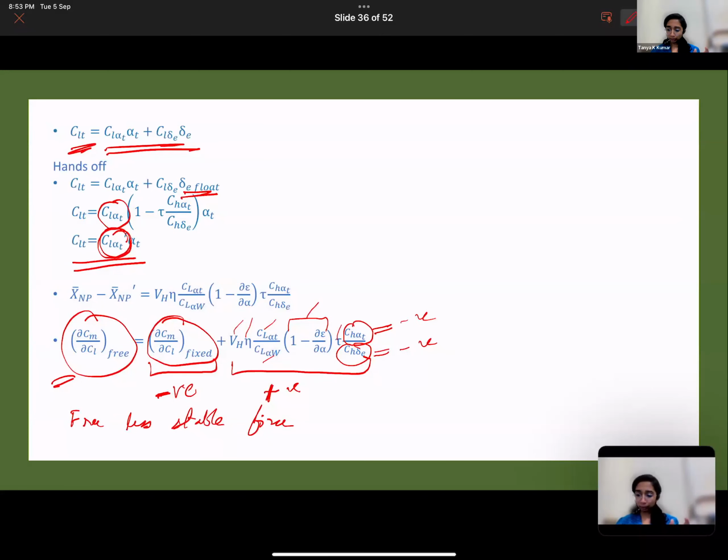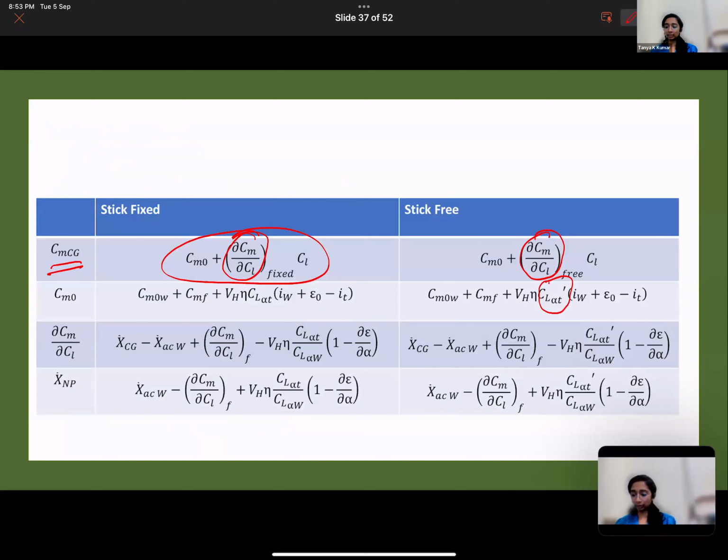CL alpha tail prime is given by this quantity. That is the only difference. Then dCM upon dCL. This is the equation. The only difference again here is CL alpha tail prime.